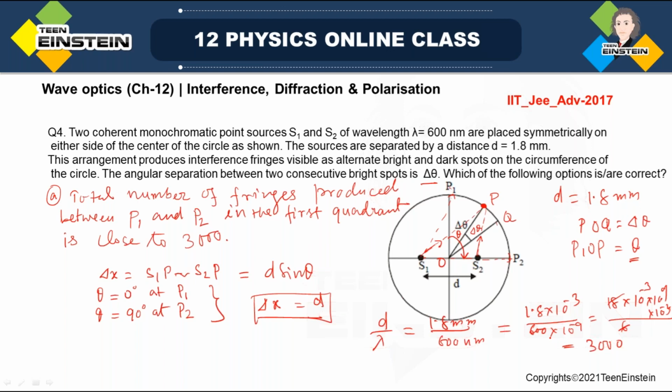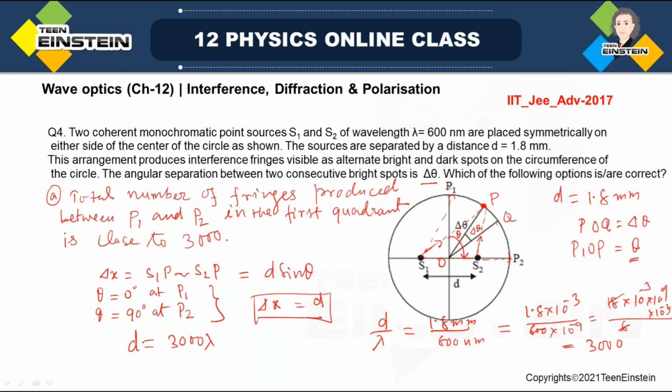Okay, then d is equal to 3000 into lambda. So if we get that, then between P1 and P2, how many fringes will be occurring?